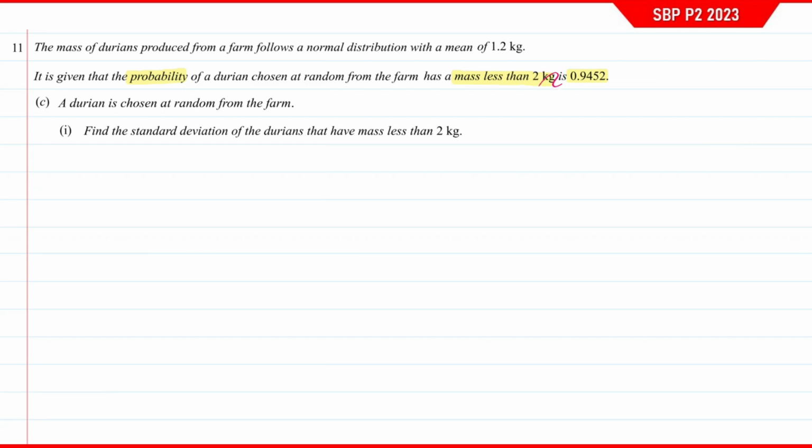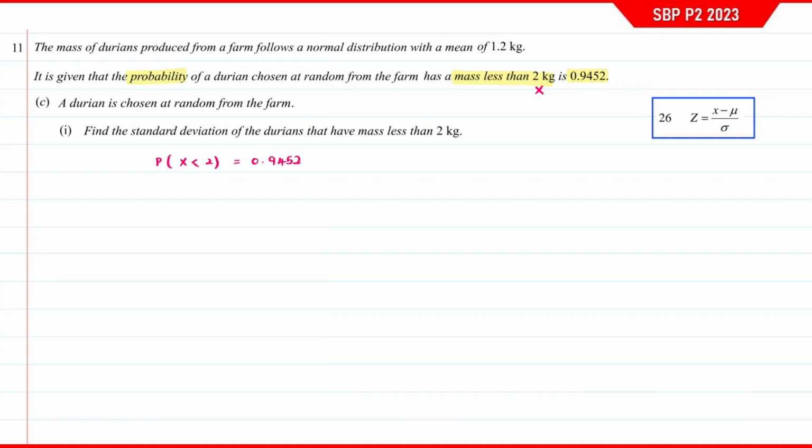This 2 kg is going to be the x. So here I can write probability P(X < 2 kg) is equal to 0.9452.